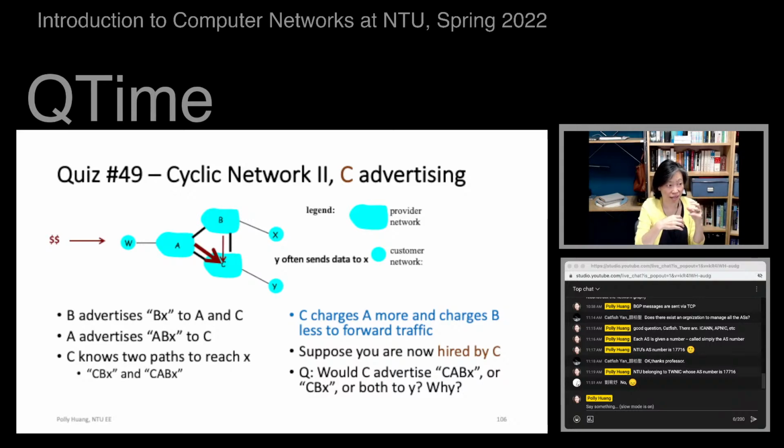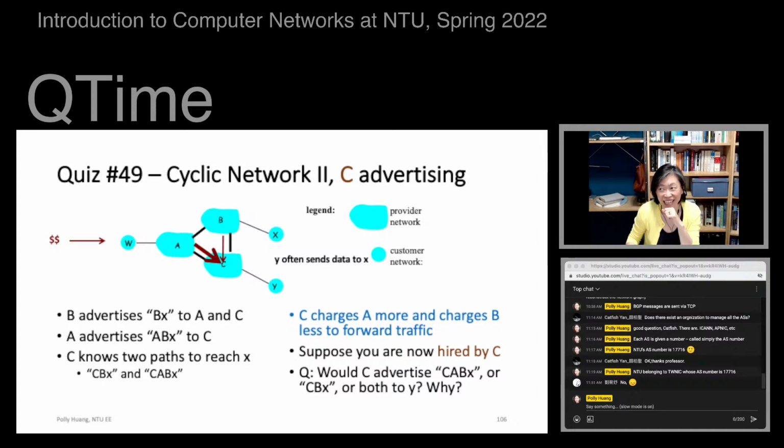A also pays C to forward traffic. Hey, this is the reality. This is the fact. Suppose now you're hired by C. Now you need to think from C's perspective. Would you advertise CABX or CBX or both to Y? And provide your reason.